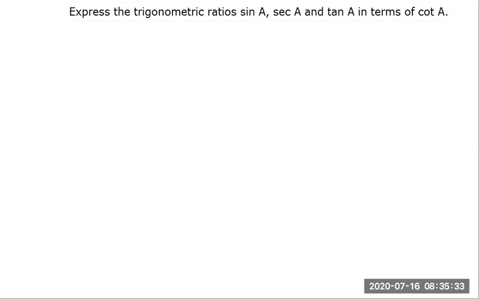So first we want to convert sin A in terms of cot A. Any student can tell me how to do that? We have to express sin A in terms of cot A.